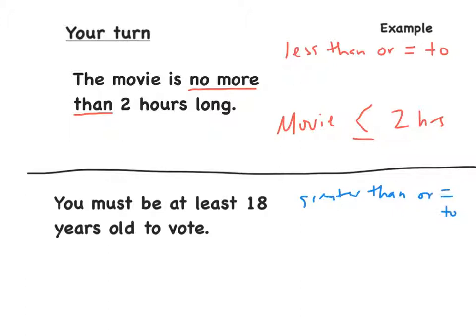So we have you, and 18 years old, and you must be greater than or equal to 18 to vote.